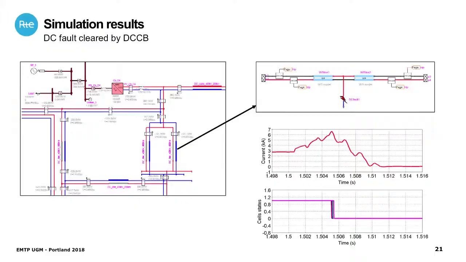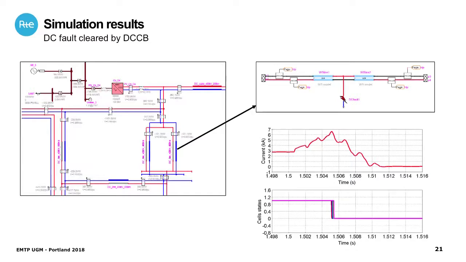Yeah. So this is the result we got so far, and this is an example of a test we can do. This is a zoom on one part of the system. This is one converter that is connected to different bus bars in DC. This system is a plus minus 400 kV system. You have the LCC at the top level here.